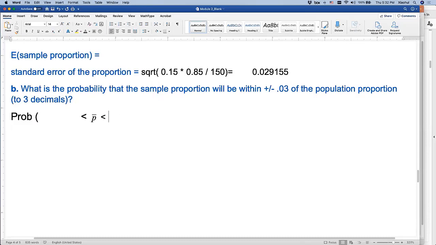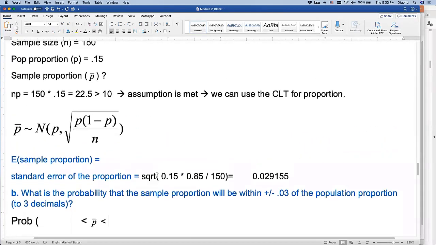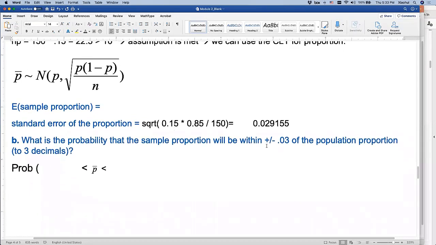Again, I'm just going to use the population proportion, which is 0.15. Within plus minus 0.03, so that's going to be 0.15 plus 0.03 on the right, and on the left hand side, it's going to be 0.15 minus 0.03. Is this part clear?